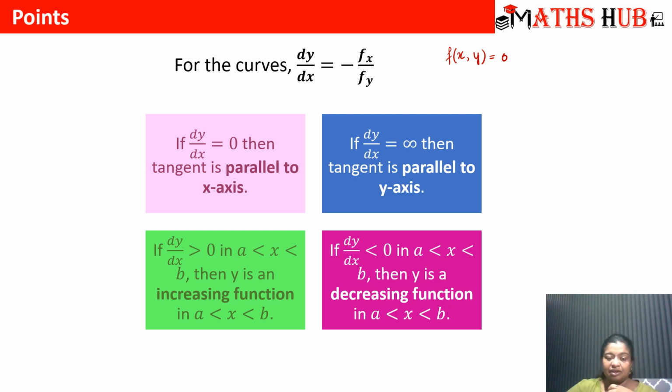Similarly, if I put the derivative less than 0 for x lying between a and b, then y is a decreasing function in that particular interval, right? So these 4 points are easily achievable when we put the derivative equal to 0, or equal to infinity, or greater than 0 or less than 0.